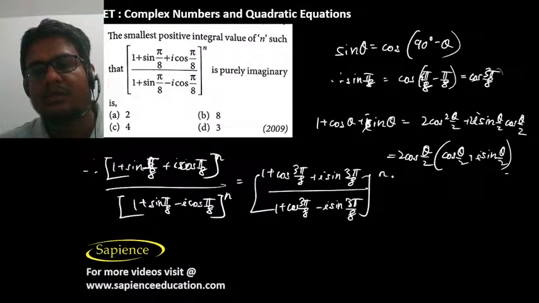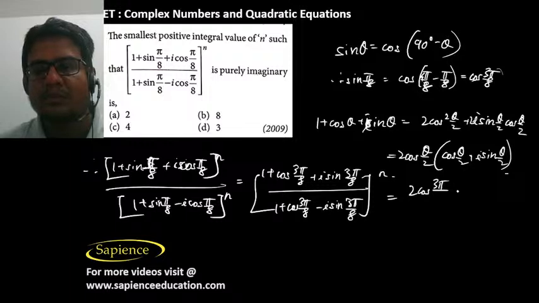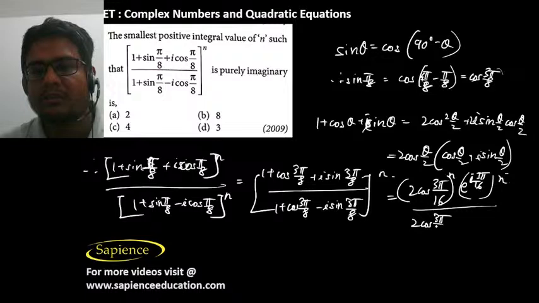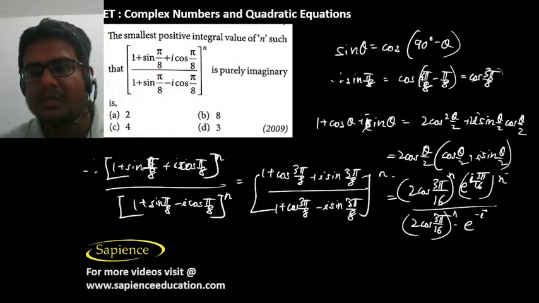whole power n. This will be, you can write 2 cos 3 pi by 16, theta by 2 that is 3 pi by 16, into e power i 3 pi by 16 whole power n. This is also whole power n divided by 2 cos 3 pi by 16 whole power n into e power minus i 3 pi by 16.